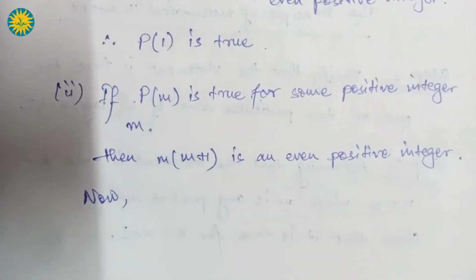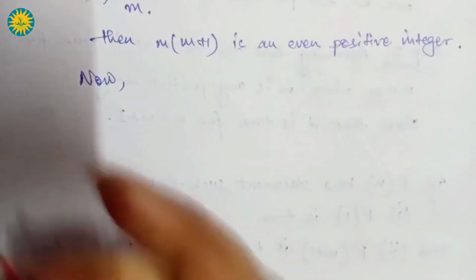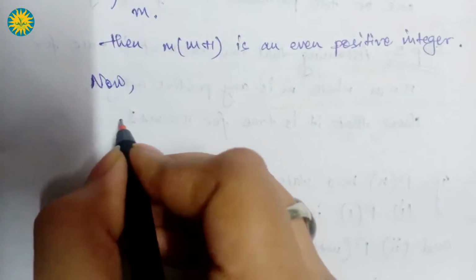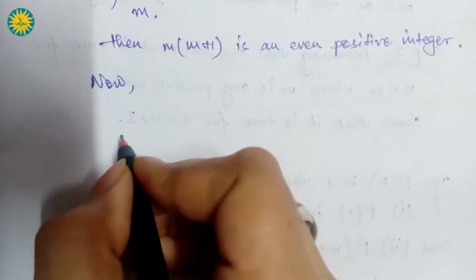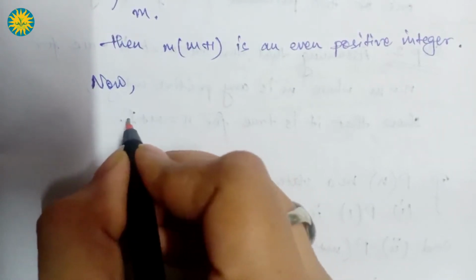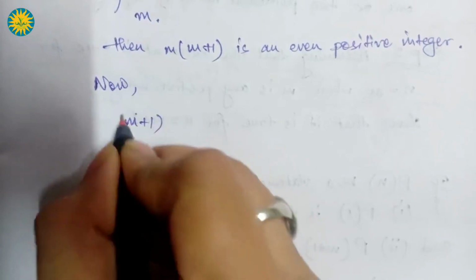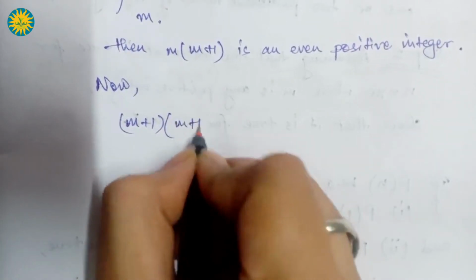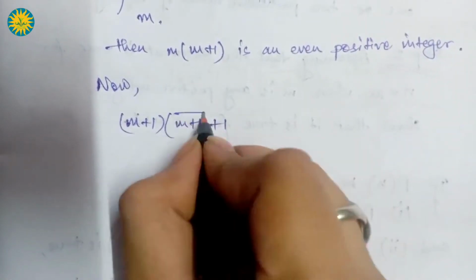Now we substitute wherever there was m with m plus 1. So we will get m plus 1 into m plus 1 plus 1.